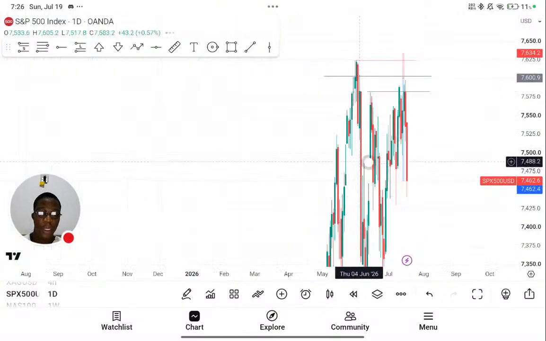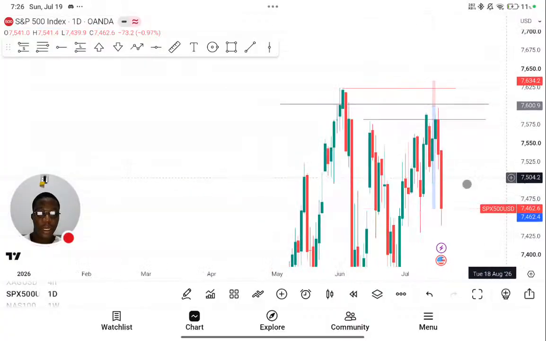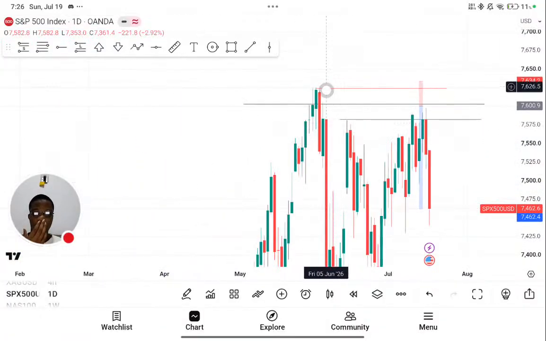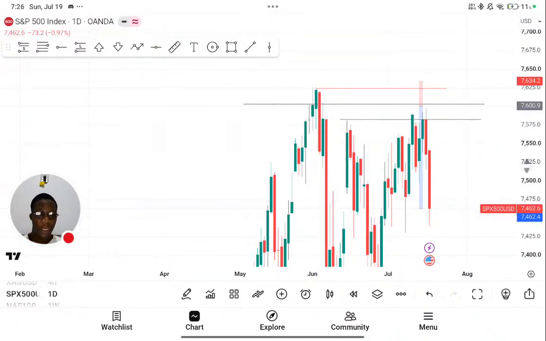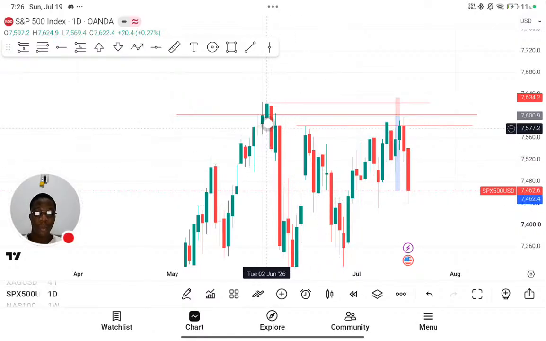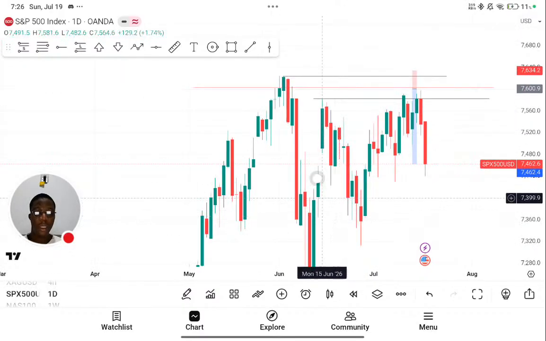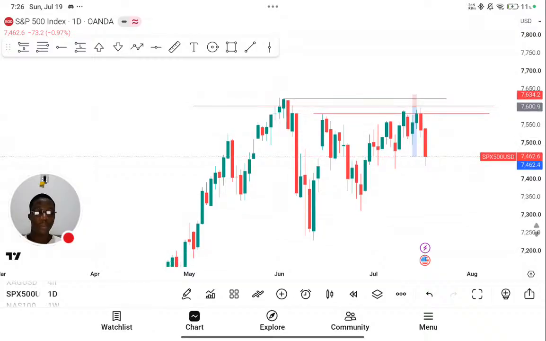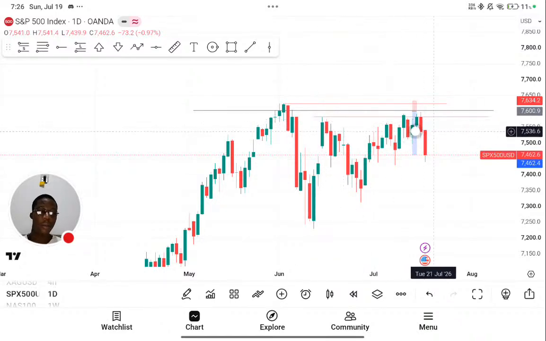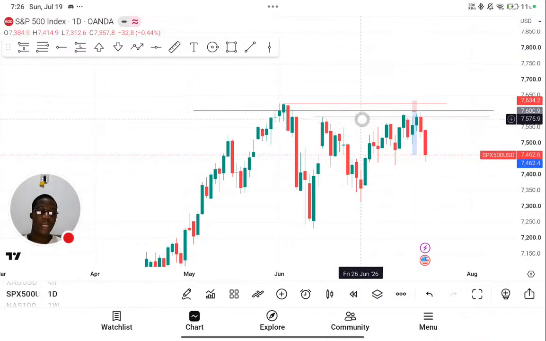Why did our trade idea for last week play, but not at the exact price? So the rationale for this idea was you could see a reaction from that level. It was a major level, but then price created, this was the resistance, so it created liquidity above it.